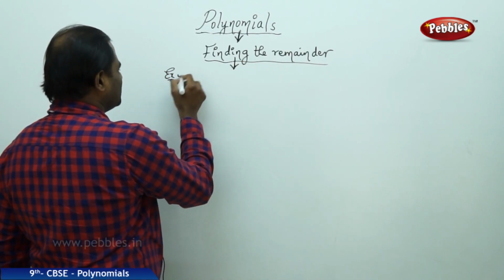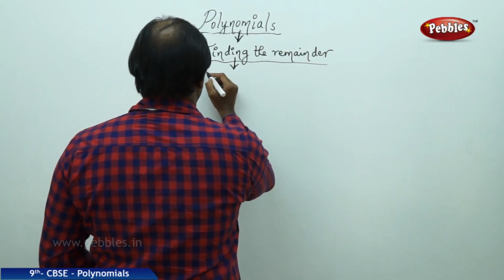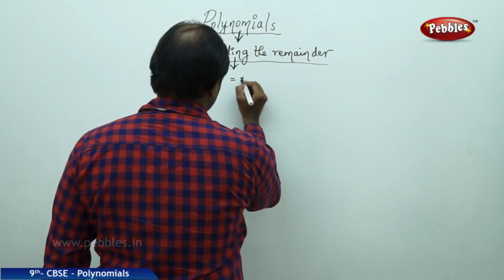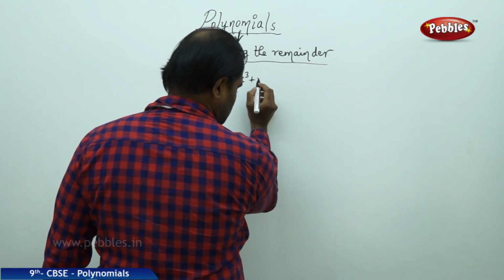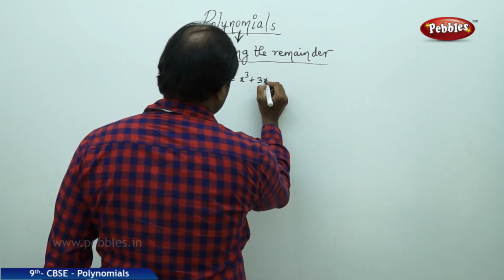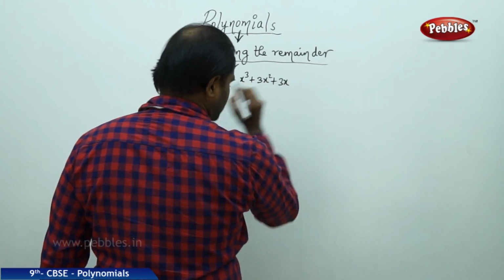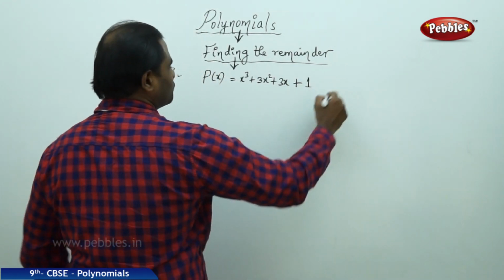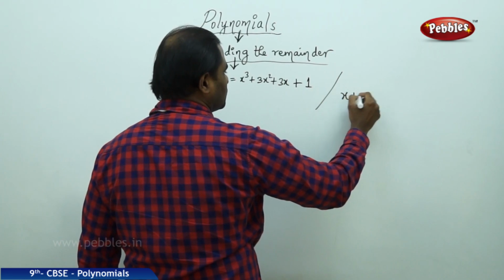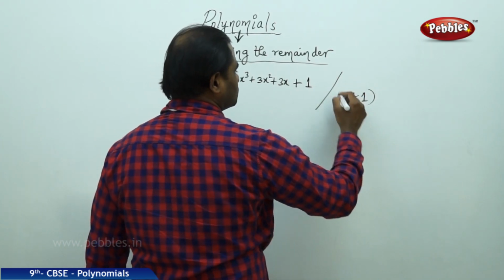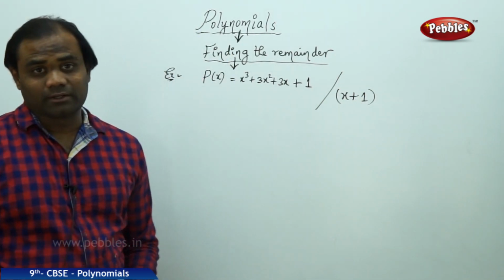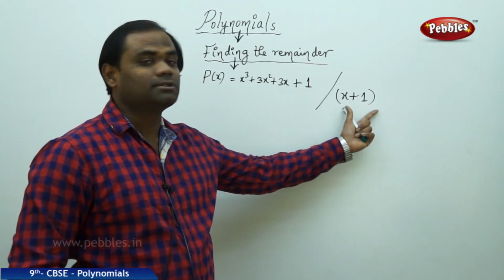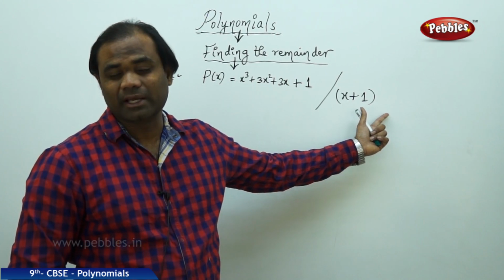For example, I have a polynomial p of x, which is x cubed plus 3x squared plus 3x plus 1, which is divided by another polynomial x plus 1. And I would like to find the quotient and the remainder for p of x being divided by x plus 1.